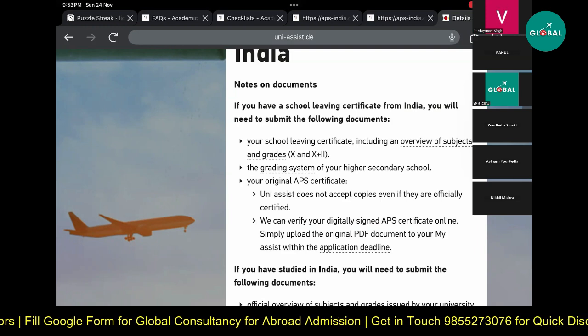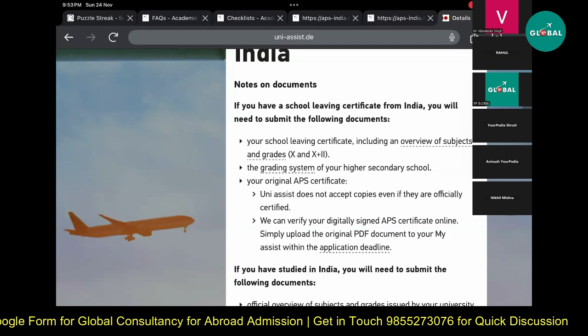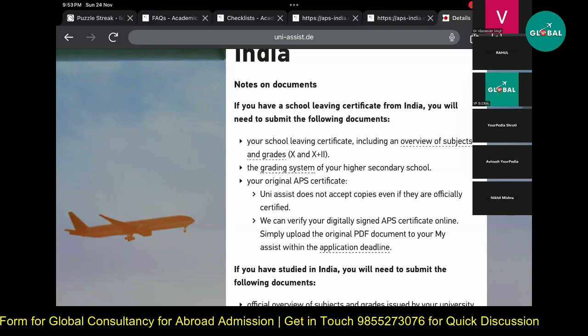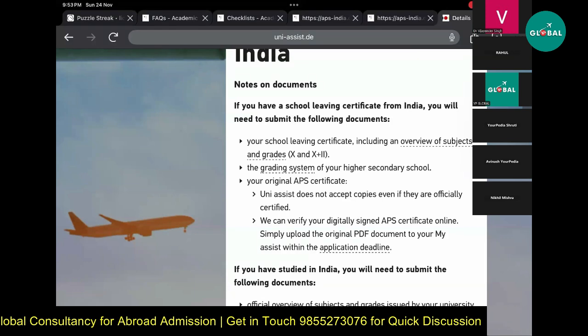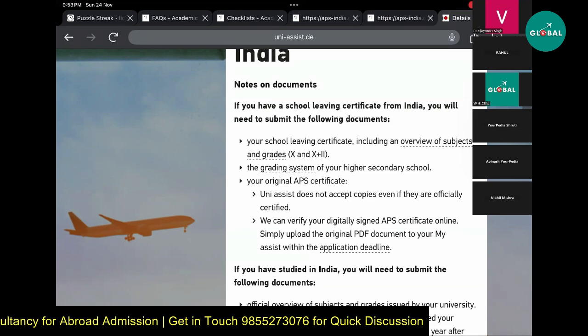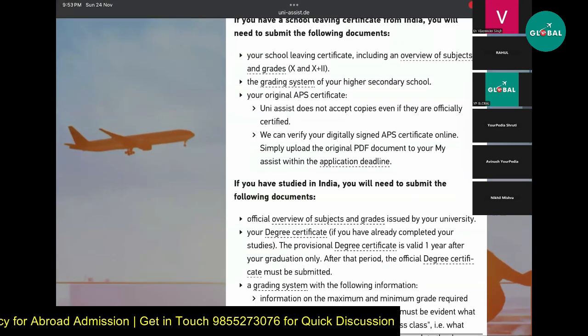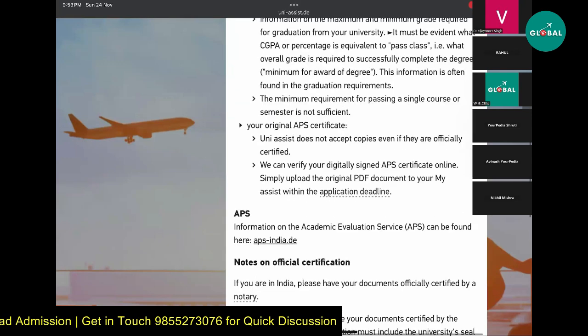Some universities want you to apply via Uni Assist as well as through their own portal. So just apply carefully. Rest of the requirements are very standard, so you can just follow this website, right?